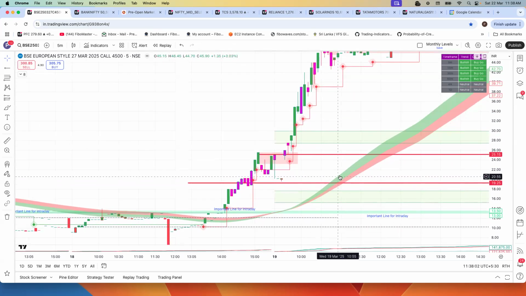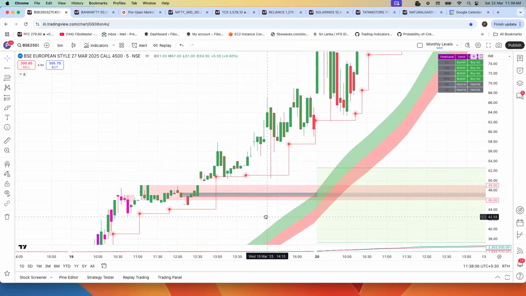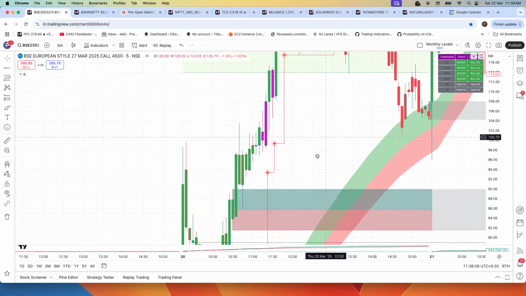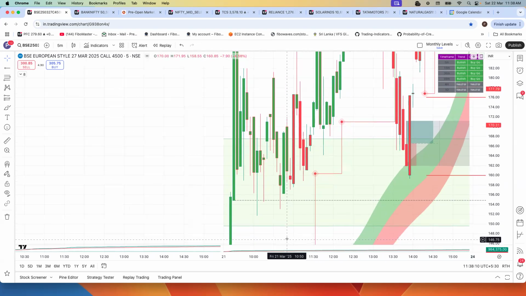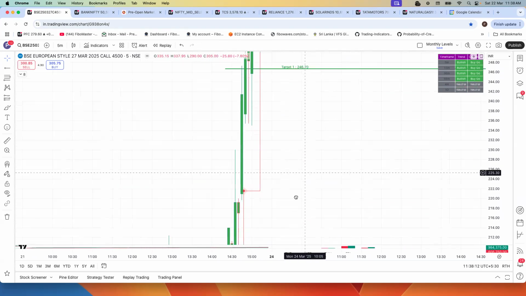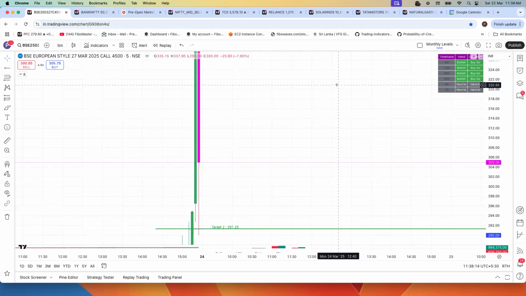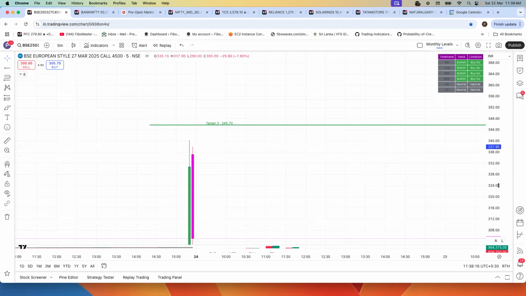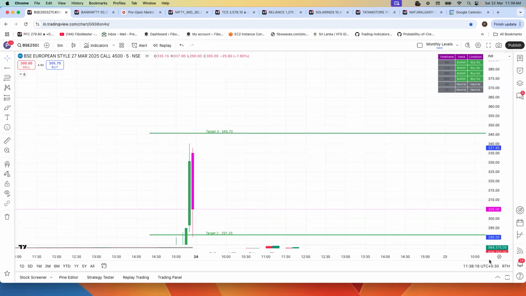And then the cloud, the trend is on the positive side. Now where is it? 337. Okay. Is it an easy way of taking trades?